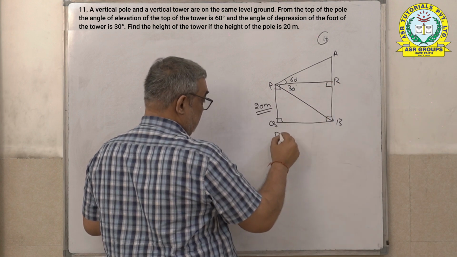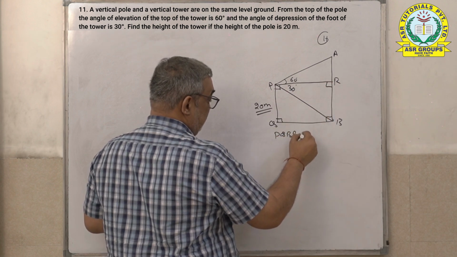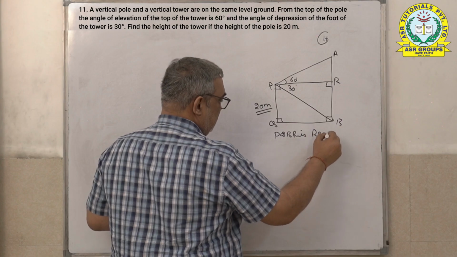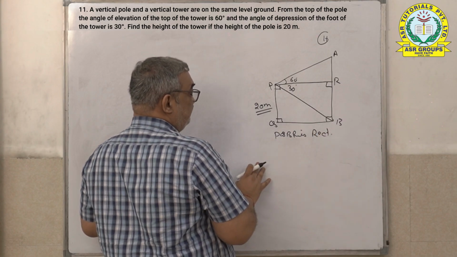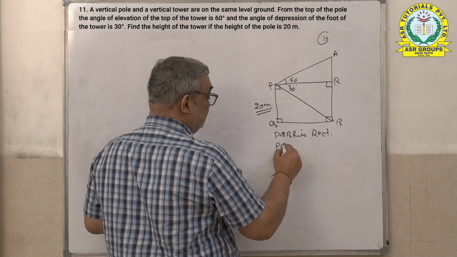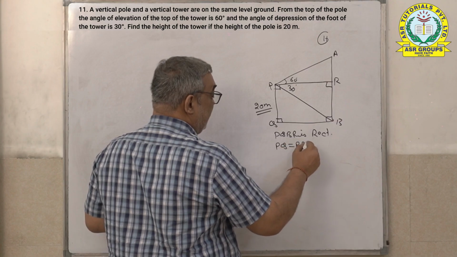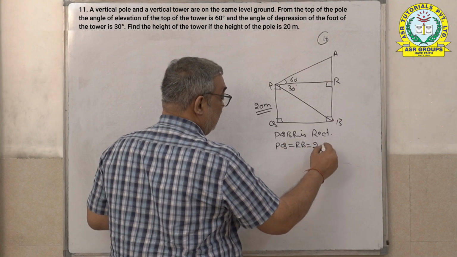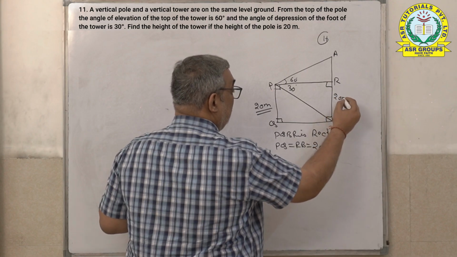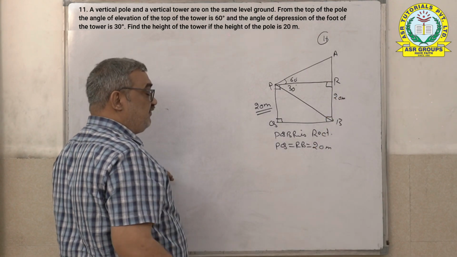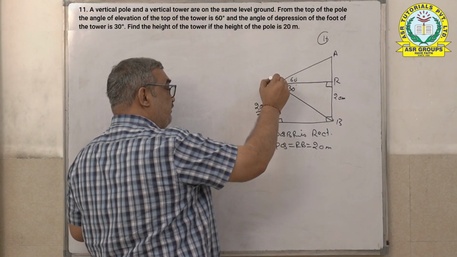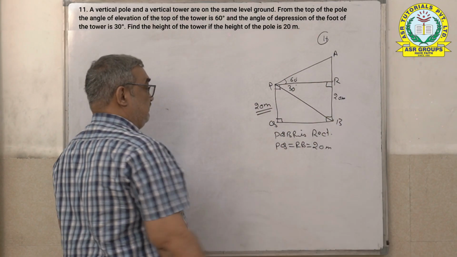So PQBR is a rectangle, opposite sides of a rectangle are equal. First, I will use triangle PRB.